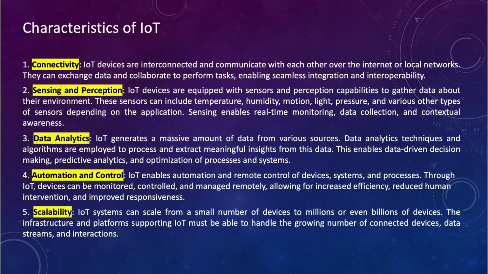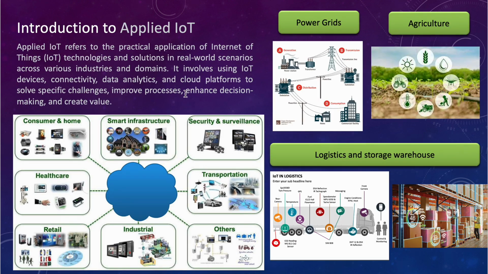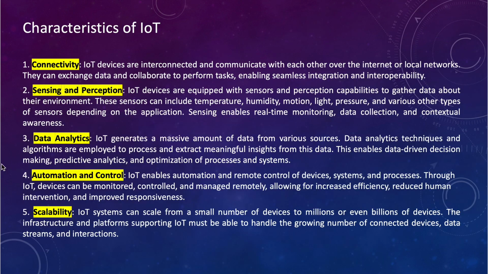Then we talked about other characteristics which would be there on IoT devices. IoT by nature creates a large amount of data, right? We should be able to process that data, analyze that data for, again, we talked about enhanced decision making, improved processes, right, for those things. So the large amount of data is necessary.